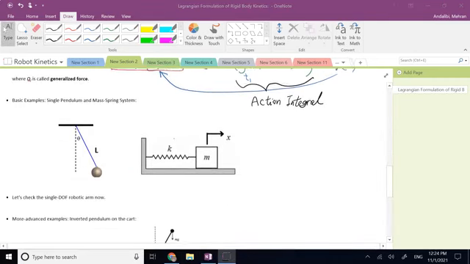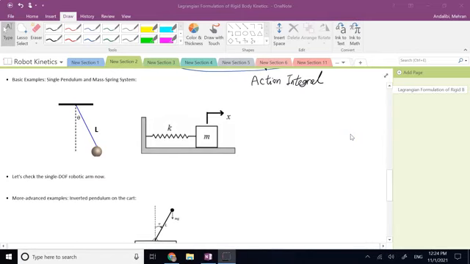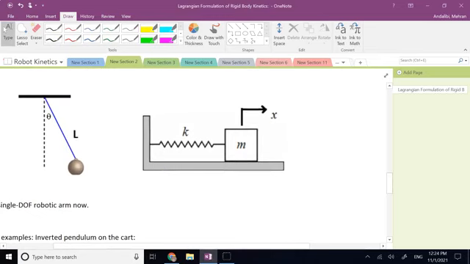So let's start with some very simple cases, the mass spring system and the pendulum. And here we can add to the complexity of the mass spring problem by adding a damper to the system and adding some friction, right?